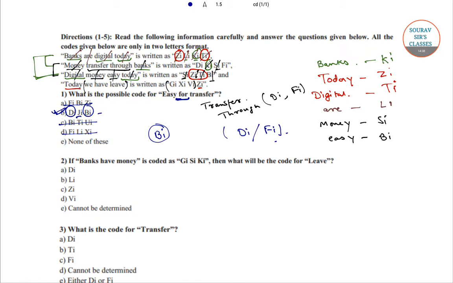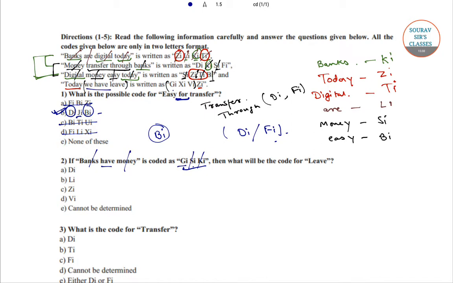Now in the next question, it is given that banks have money is coded as GI, SI, KI, and we have to find the code for leave. Now we know that banks is coded as KI, money is coded as SI, so have is coded as GI.